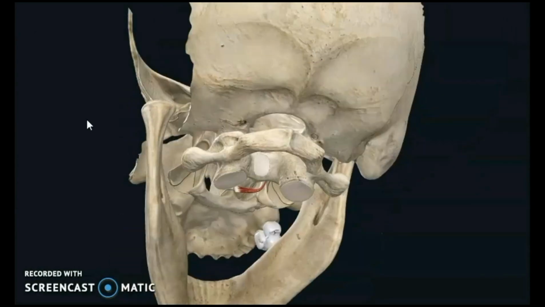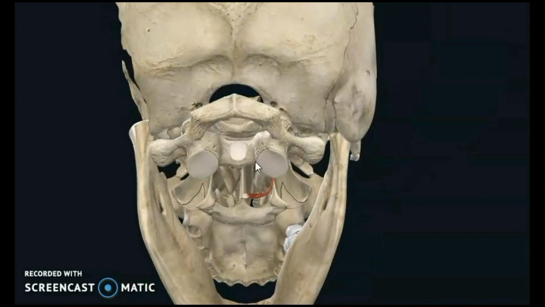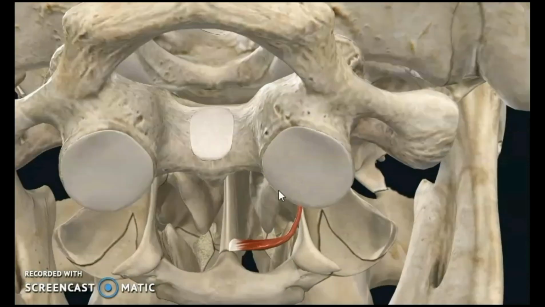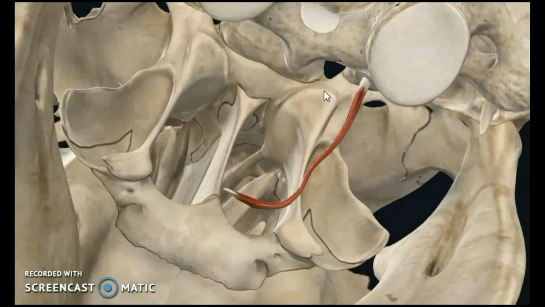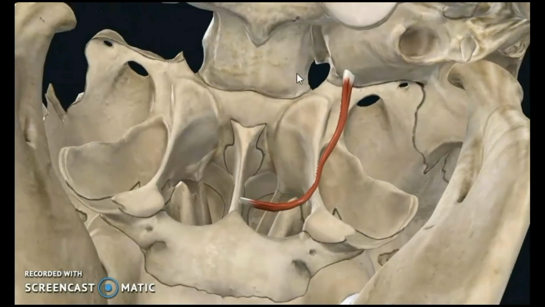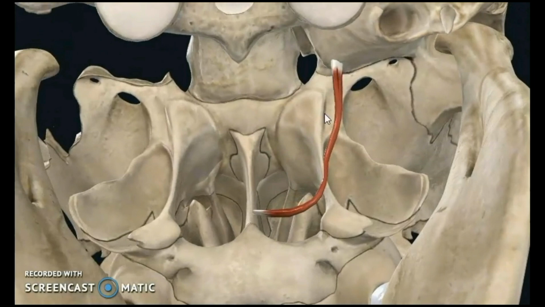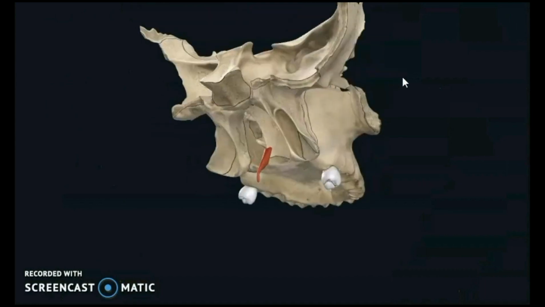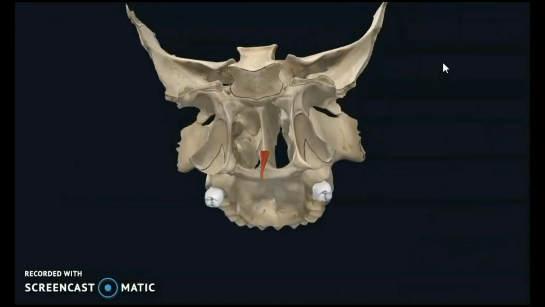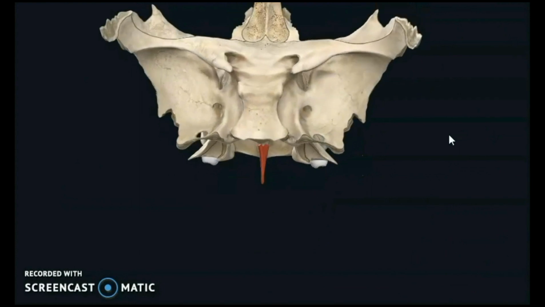And when you see the origin of the tensor veli palatini, it takes origin from the scaphoid fossa, that is upper part of the posterior margin of medial pterygoid plate. You can see there, that is scaphoid fossa, and it hooks around the medial pterygoid plate hook, that is called as the pterygoid hamulus.